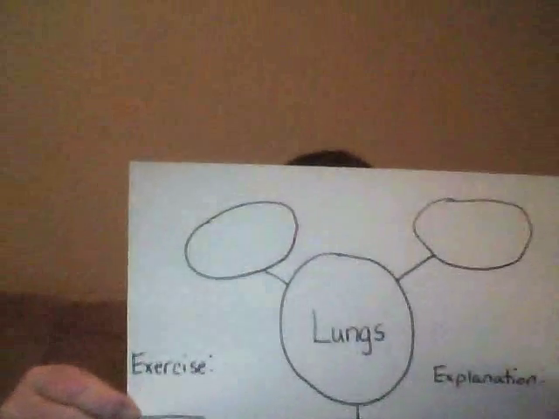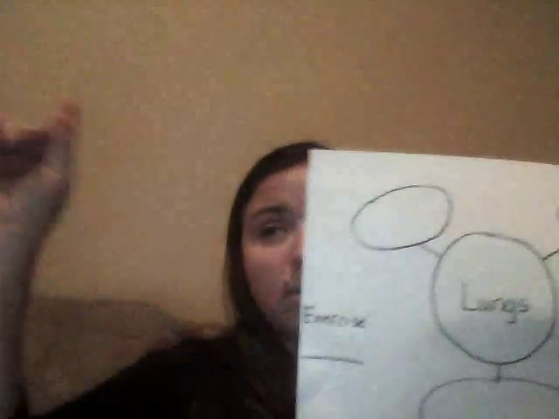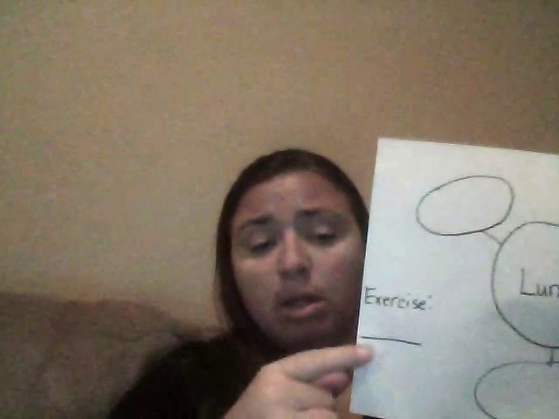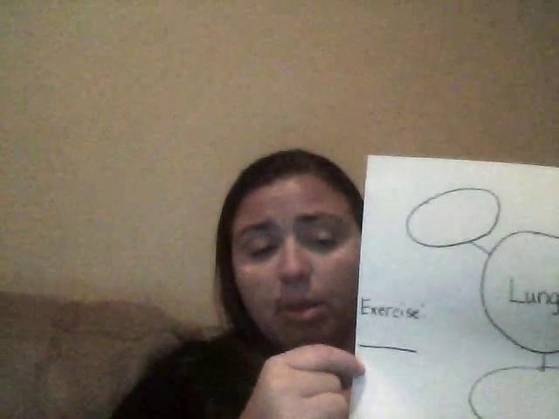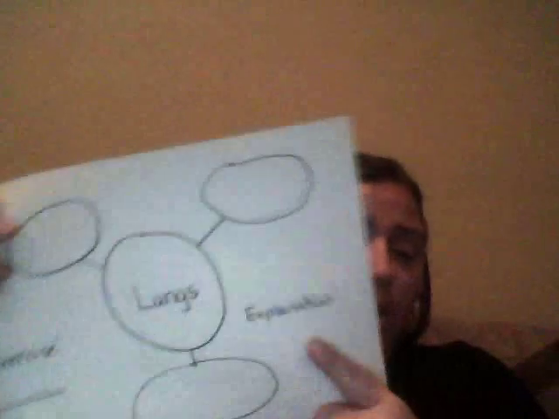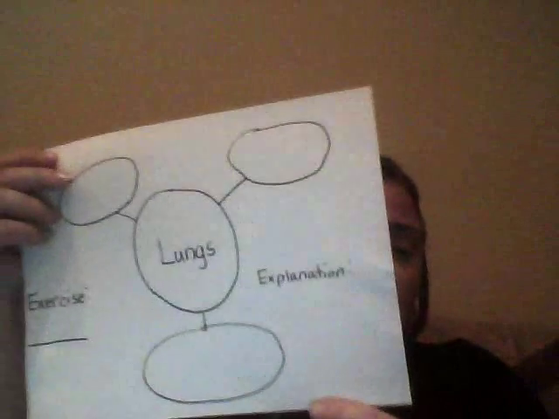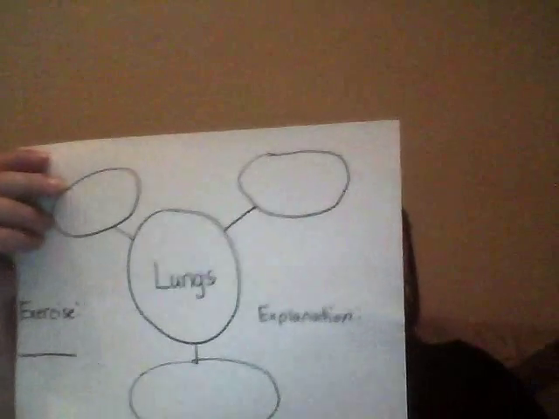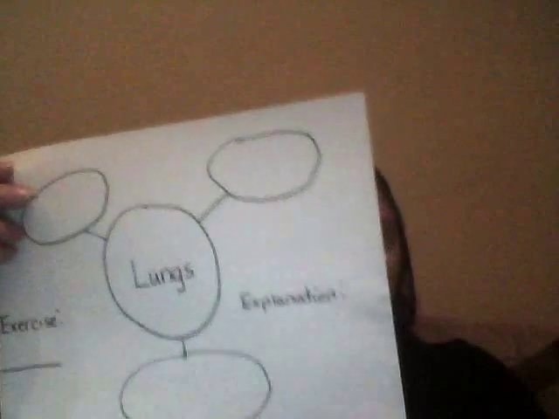So the goal there is that students will be able to fill out a bubble map that's already designed for them, and down below on this side they'll tell me the exercise that they chose, and then they're going to explain it to me here. So this is their assessment. This is what they're going to turn in and get graded on.